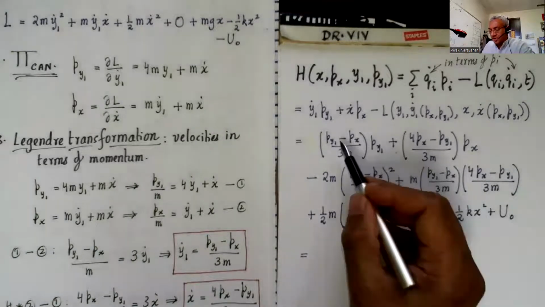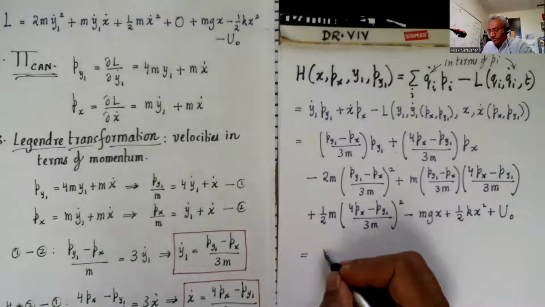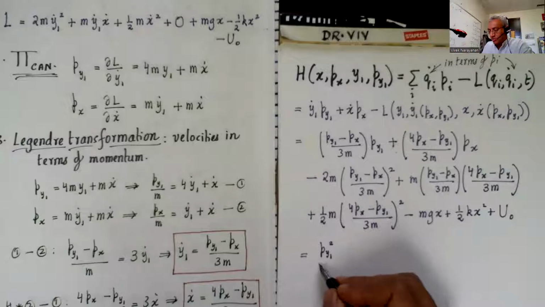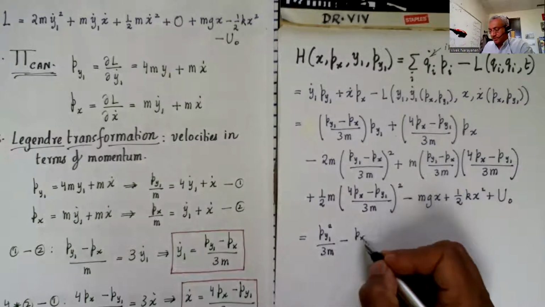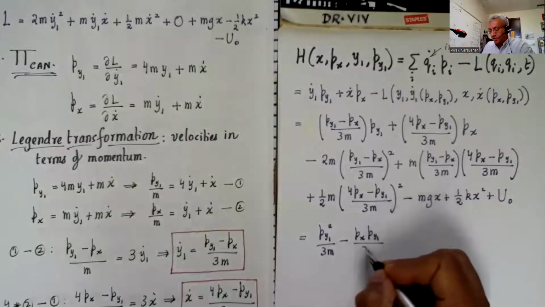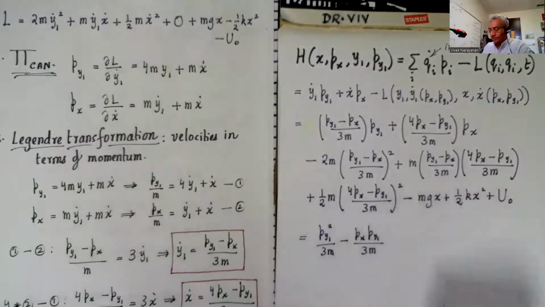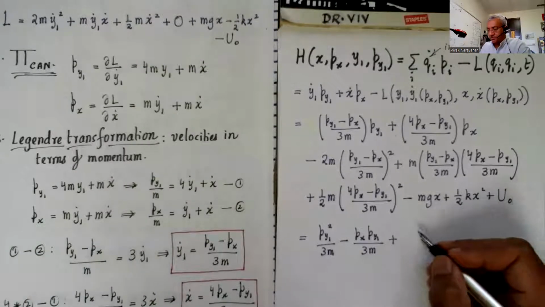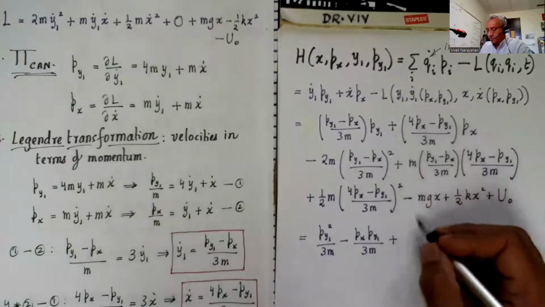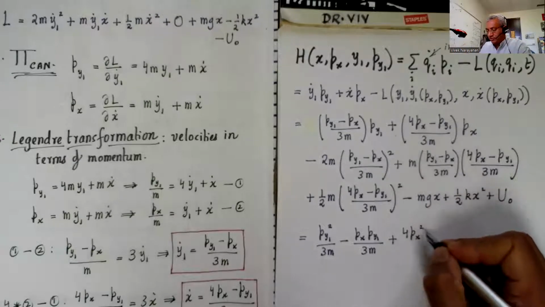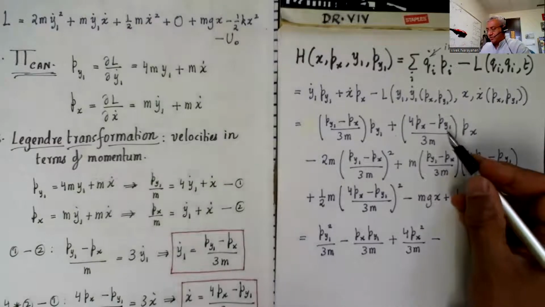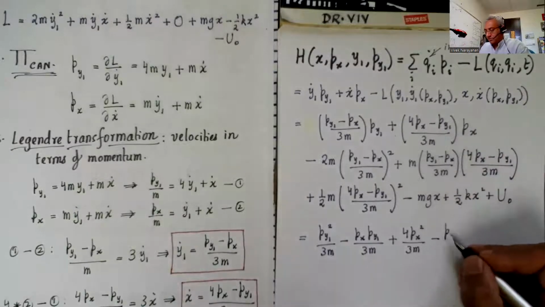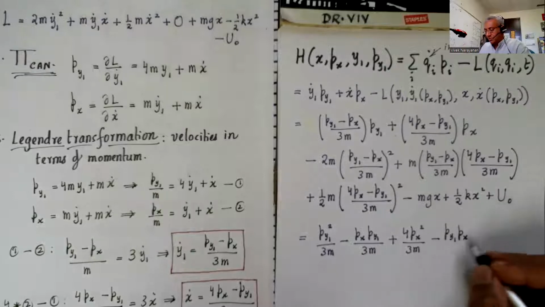Okay, now to simplify this, it's not too bad. So what I can do is I can multiply both this inside. So I get py1 squared over 3m minus px py1 over 3m. I'm going to write all terms separately like this. Plus, here I will get 4px squared for the first term over 3m minus py1 px over 3m.